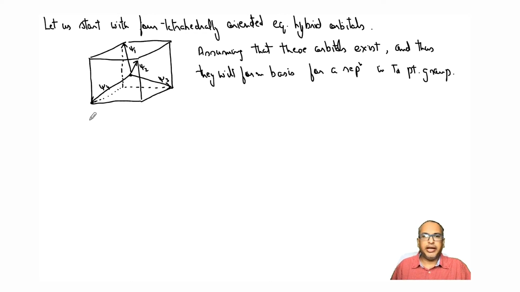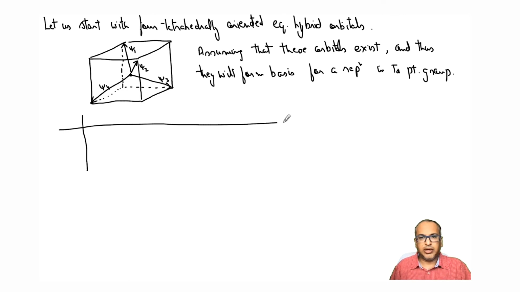So now let us create a representation under Td point group. So this is my Td point group, and I'm going to write the operations classified into different classes: E, 8C3, 3C2, 6S4 and 6 sigma d, right?